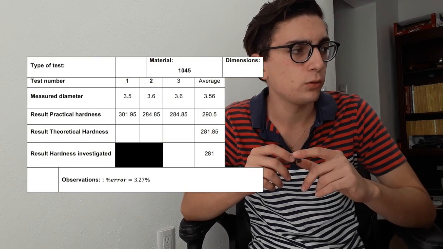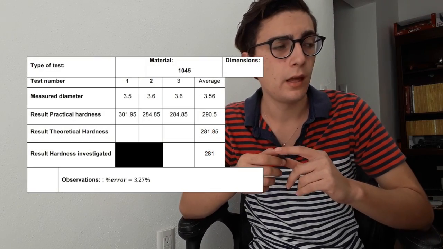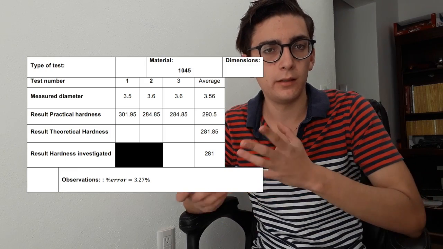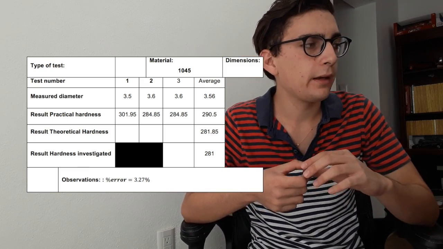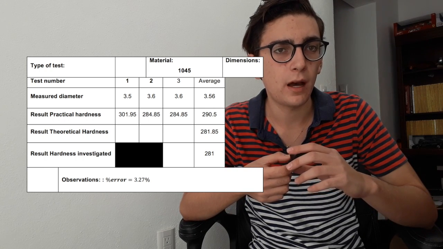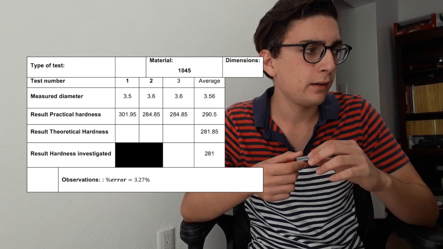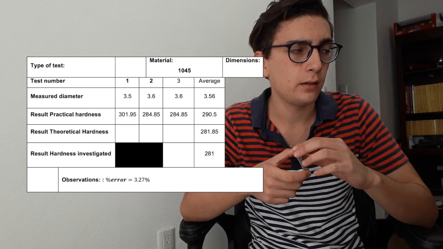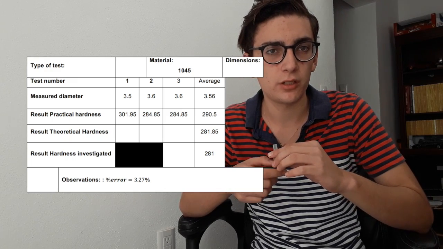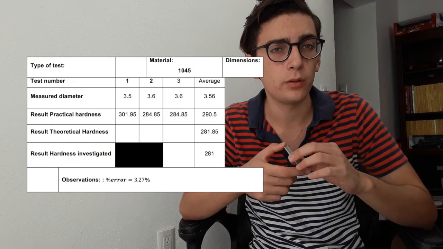First, for Brinell, I got a diameter average equal to 3.56, and after that I calculated the hardness with this equation, and I got the hardness equal to 290.5 HV. The investigated one was 281, so the percentage of error was equal to 3.27.